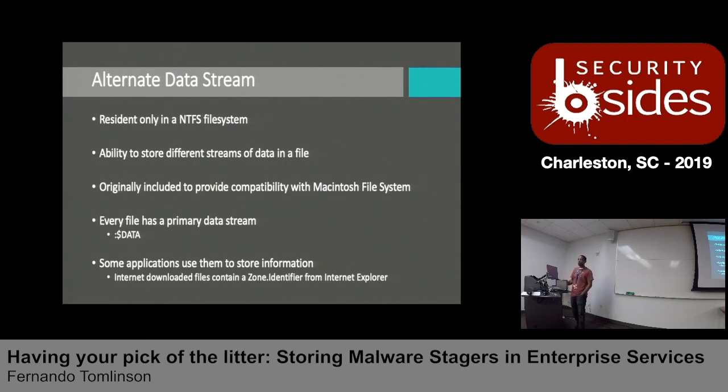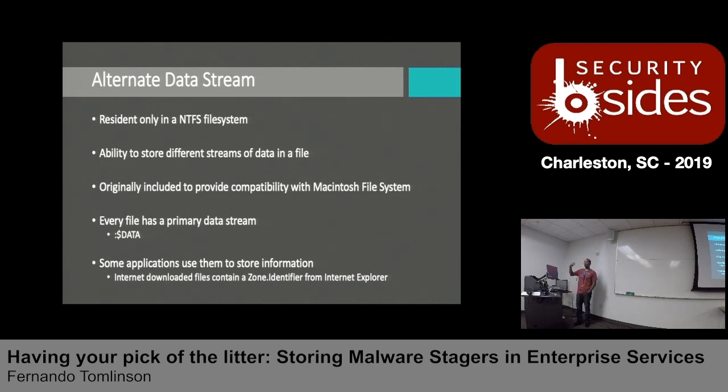Now, this was really developed to have interoperability capability with Macintosh systems, but it's still something that's available. So every file has a $DATA stream. And then we have specific files depending on how your system is arrayed, but we could also have zone identifiers.